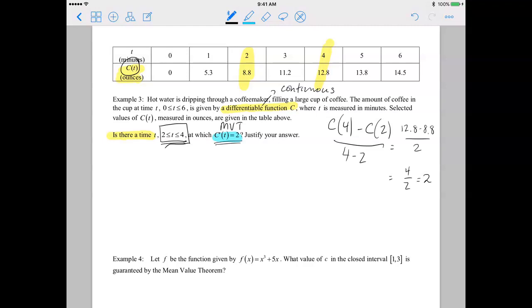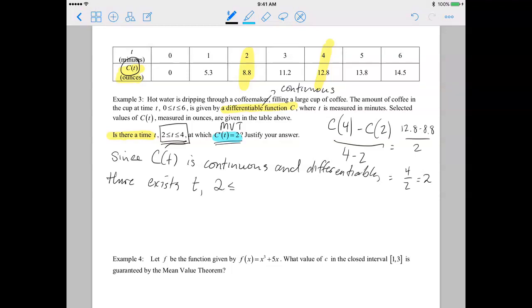So everything that I basically just said out loud to you, I'm now going to write on the paper. So I'm going to say, since this function, c of t, is continuous and also differentiable, there exists a time t, or you could just say t if you wanted to, for 2 less than or equal to t less than or equal to 4, such that, and then I'm basically just going to redo the calculation that I just did.